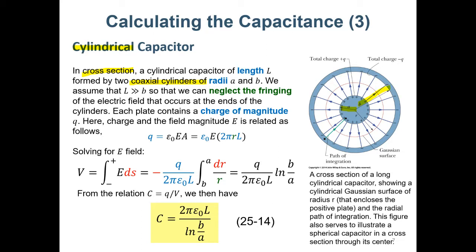So we assume that L is much larger than B, which is maybe 100 times or more, but it depends. In an engineering sense, much larger can mean any number.